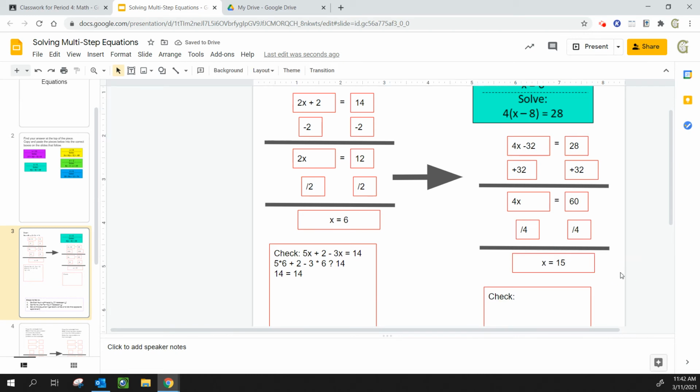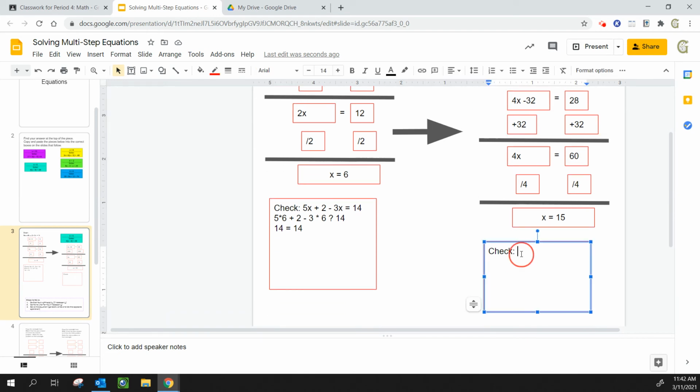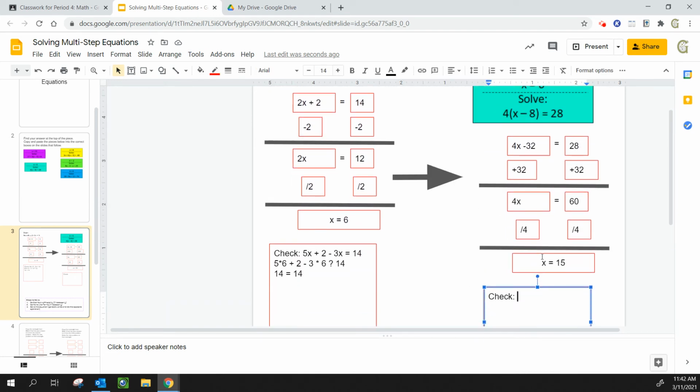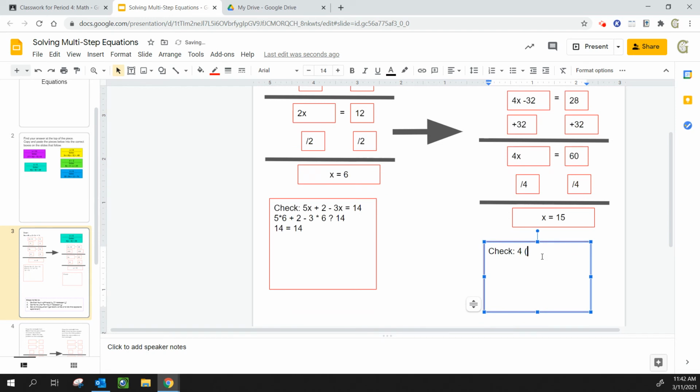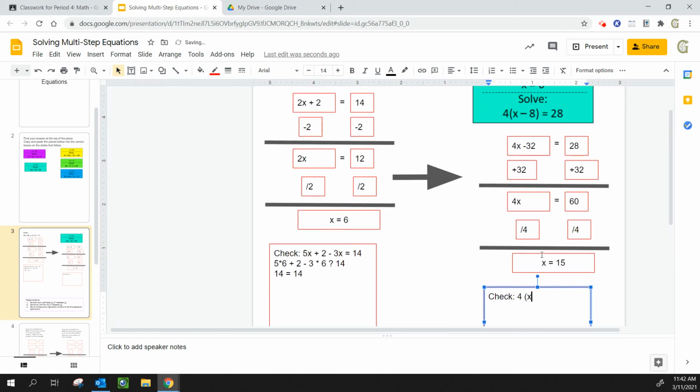So of course, I want to check if I got it right. I'm going to write out the whole original problem. So 4 parenthesis x minus 8 parenthesis equals 28. So I'm typing exactly what I did, except for instead of x, I'm going to put 15. So 4 parenthesis 15 minus 8 parenthesis.